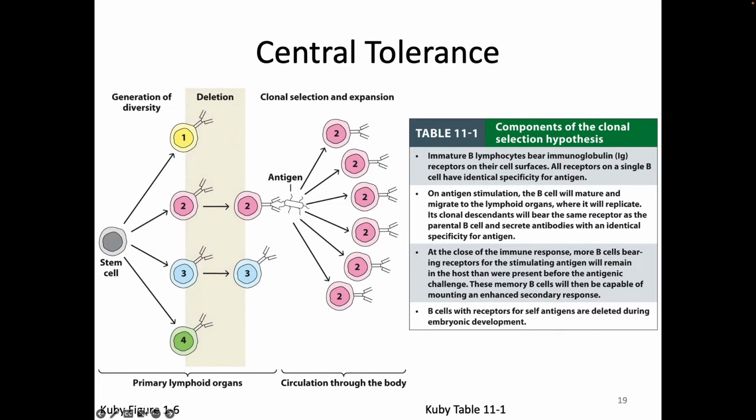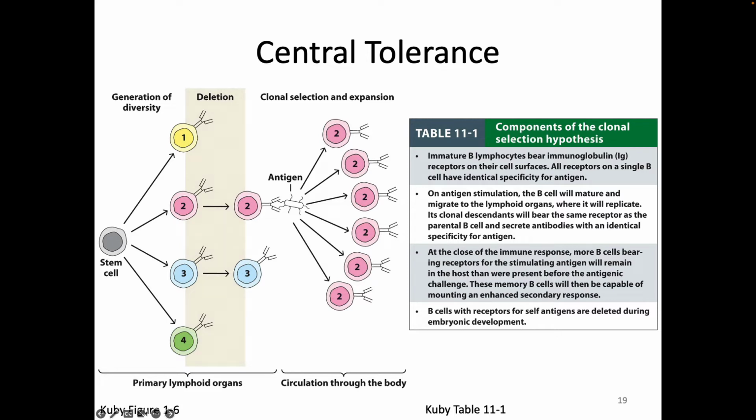Okay? So if you recall, when I talked about this process of dealing with those self-reactive cells, I said we deal with them. And some of you snickered because you thought I was making a euphemism. But the reason I said that is because there are actually 3 different things that can happen to those self-reactive B cells.